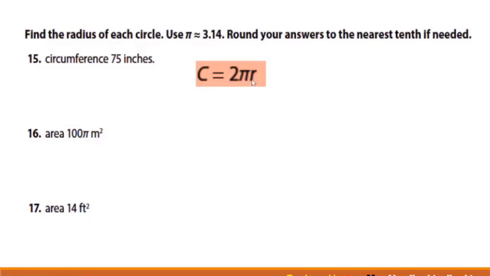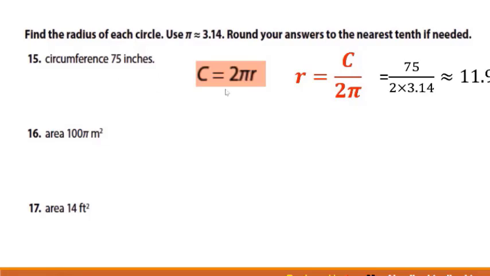Hide r and put this on the other side with divide. This equation we took before. So we have to make the radius like this: the circumference divided by 2 pi, so I replace my numbers. The circumference is 75, over 2 and my pi is 3.14. So my answer for the radius will be 11.9. So this is my answer.